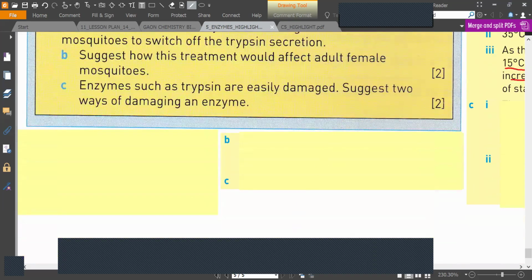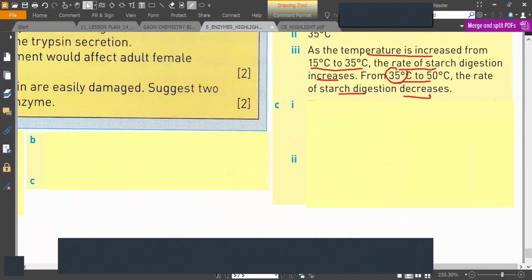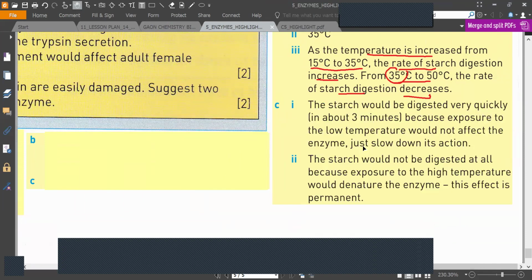C1 and C2, so we'll look at the answer. For C1, if we take 10 degrees Celsius to 35 degrees Celsius, no problem. The starch would digest very quickly because exposure to low temperature will not affect the enzyme. It just slows down the action.